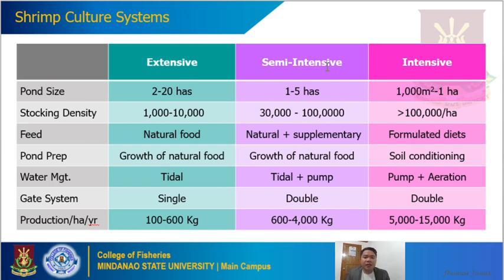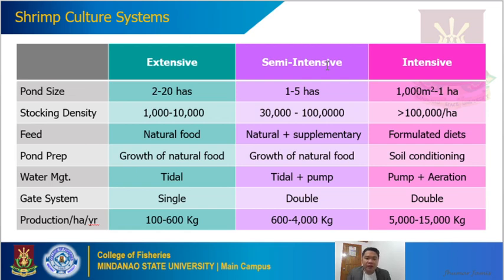Now, if we take a look at the stocking density for shrimp aquaculture, extensive will have 1,000 to 10,000 pieces per hectare, and for semi-intensive, it will have 30,000 to 100,000 pieces per hectare. And for the intensive, it will cater for at least 100,000 per hectare with regards to the stocking density of shrimp.